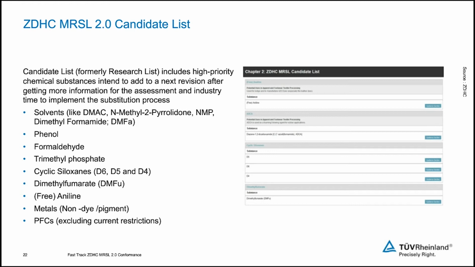However, these are quite a bunch of substances. So what will be the next candidate list? I cannot give you a comment here, but I am looking forward to getting more information and then sharing the information with you.